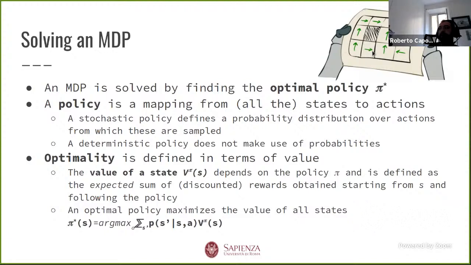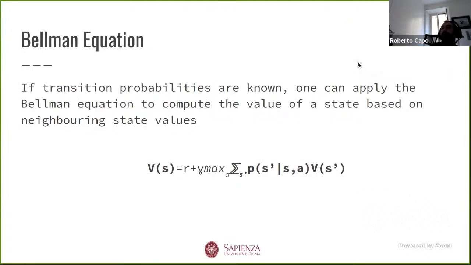Because if you know the value of this, basically it's one step that you need to estimate. And this is exactly what the Bellman equation does. It considers the reward that you receive in the state that you're in, and then considers the action that leads to the maximum value state.